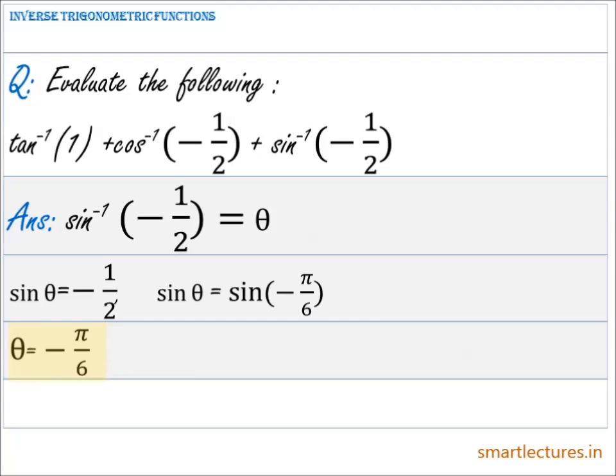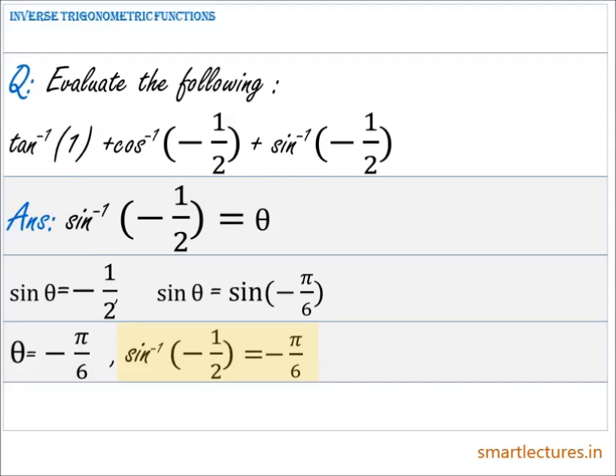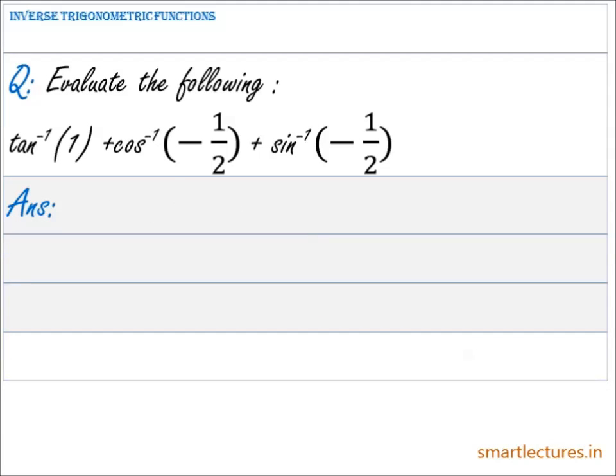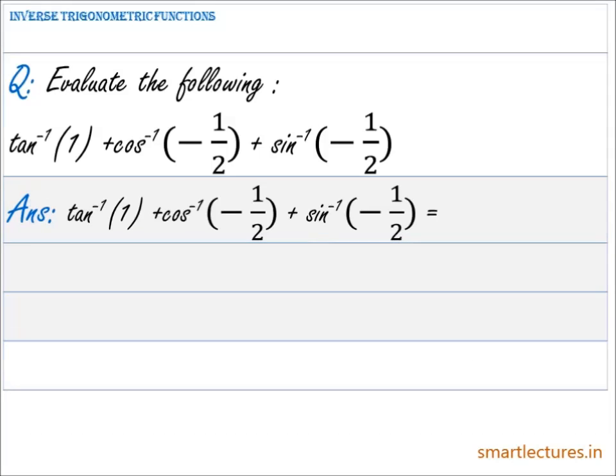And also sine inverse minus half is equal to theta. So we can write sine inverse minus half is equal to minus pi upon 6. And now we have with us the value of all the three terms. So now let's find out the value of whole expression, which is tan inverse 1 plus cos inverse minus half plus sine inverse minus half.